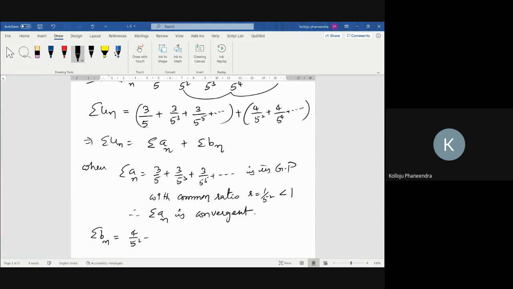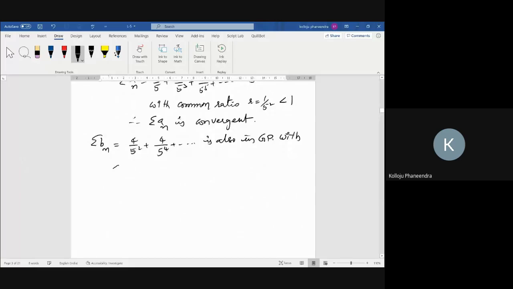4 by 5 square, 4 by 5 power 4 and so on, is also in GP with common ratio, what is here also? 1 by 5 square, less than 1. Therefore, sigma bn is a convergent series.